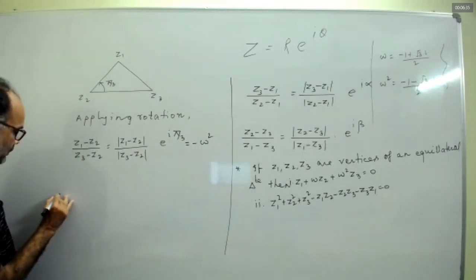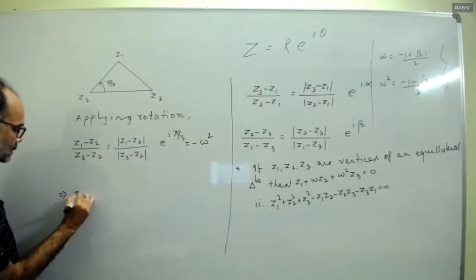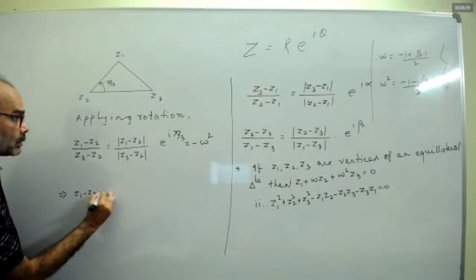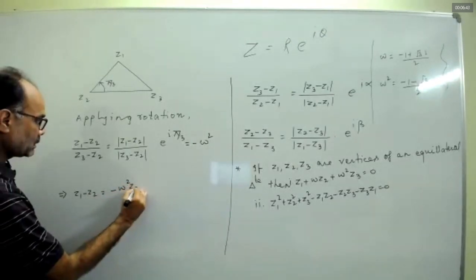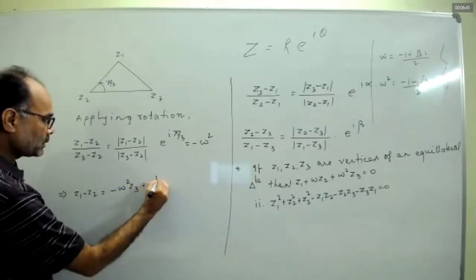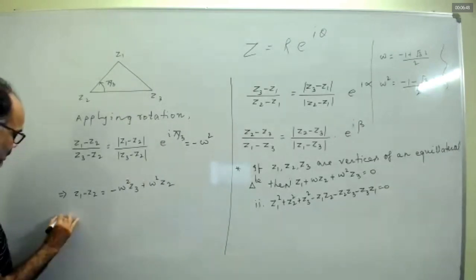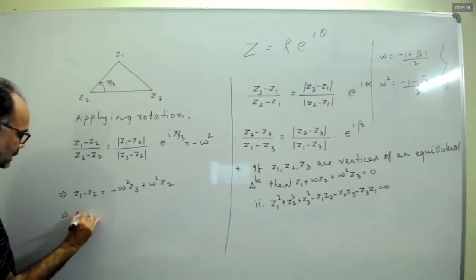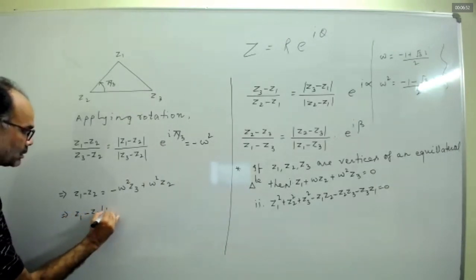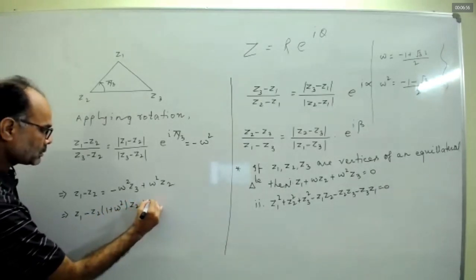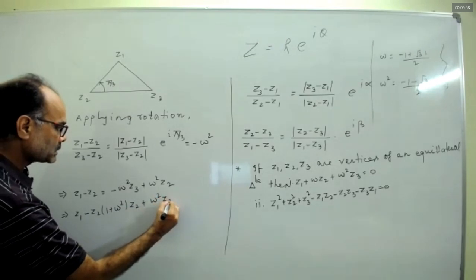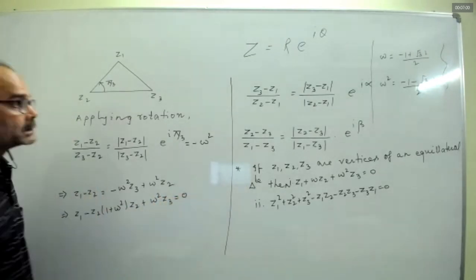Now from here, Z1 minus Z2 equals minus omega square Z3 plus omega square Z2. This gives Z1 minus Z2 times 1 plus omega square, plus omega square Z3, equal to 0.